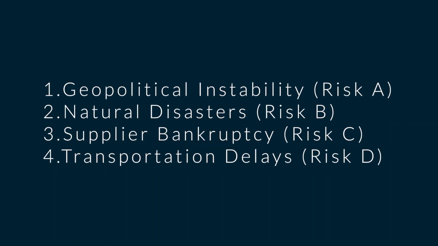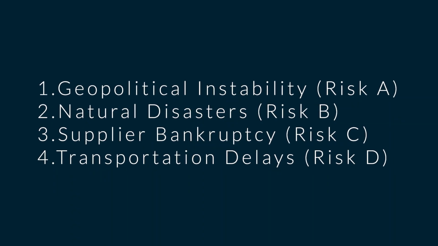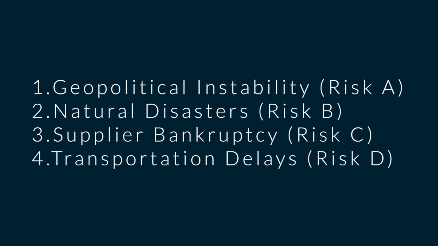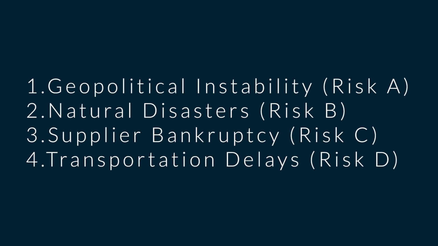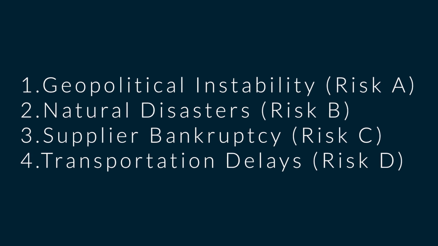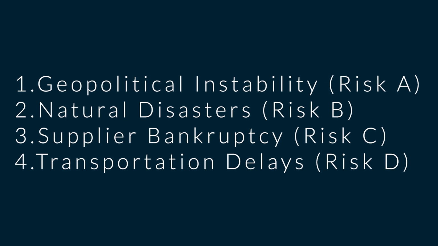Meaning the company has several suppliers. Through their risk identification, they've come up with 4 main risks. So in this case, geopolitical instability, which they've identified as risk A, natural disasters, risk B, supplier bankruptcy, let's call that risk C, and transportation delays, which is risk D.